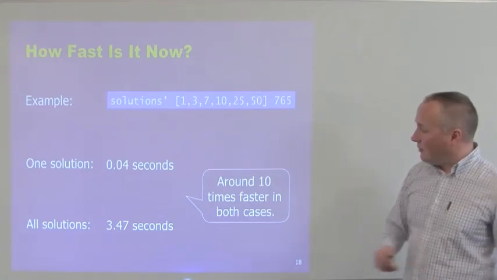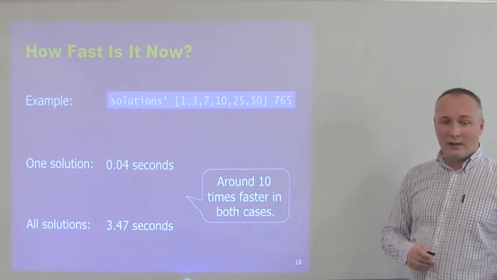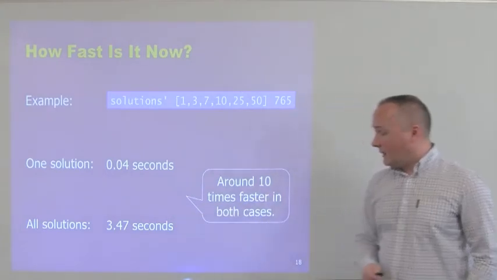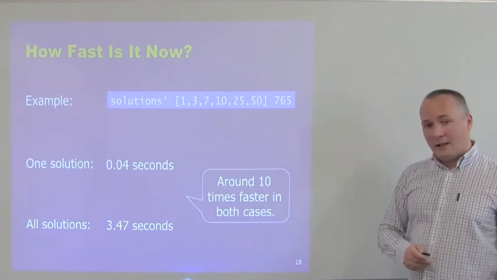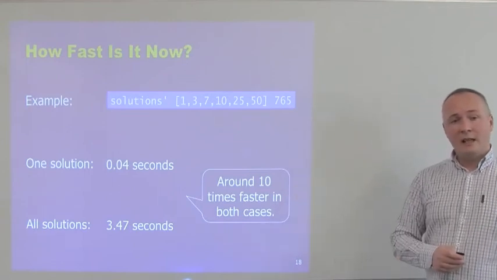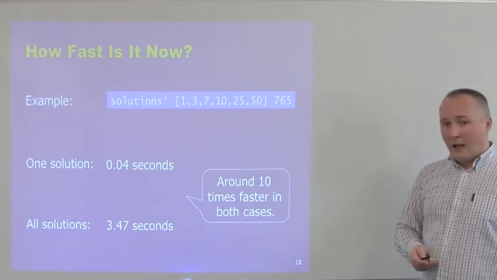Previously we found the first solution in about 1/3 of a second. Now it's 4/100ths of a second, and previously we were finding all solutions in about 45 seconds. Now that's gone down to less than 3 seconds. So essentially we've got a 10-fold speed up in both of these cases, which is really quite significant.